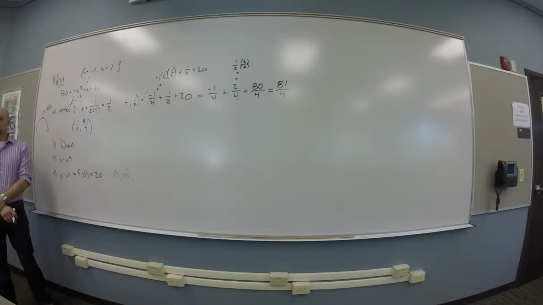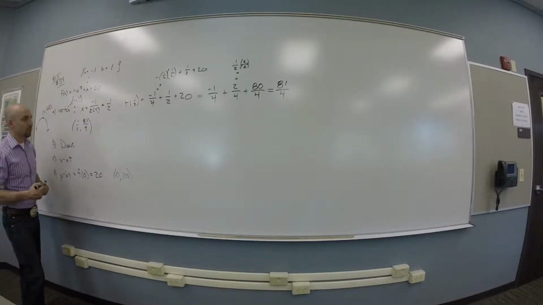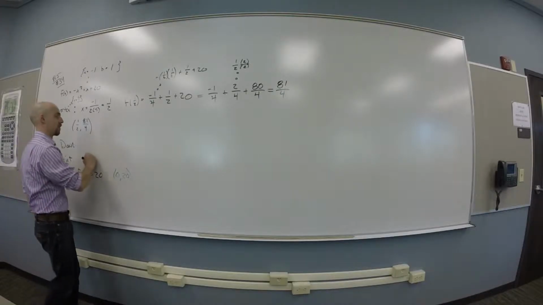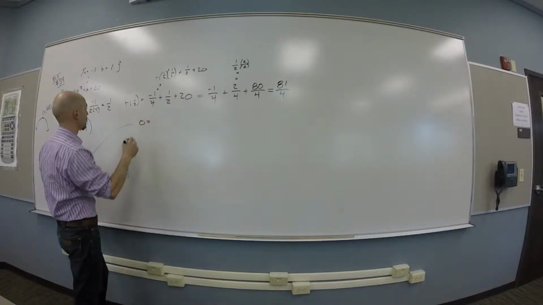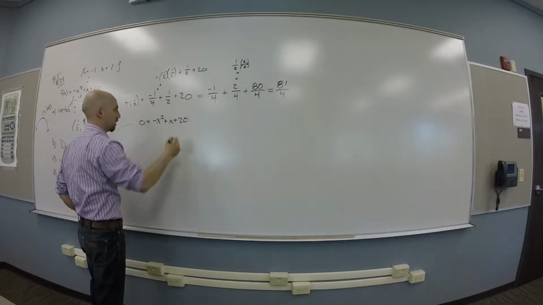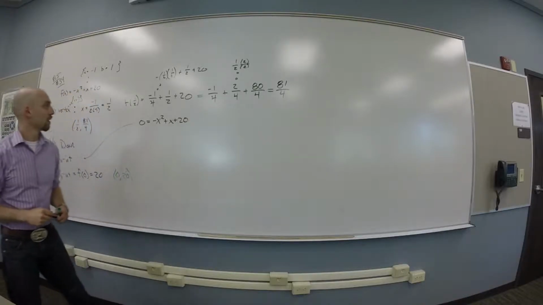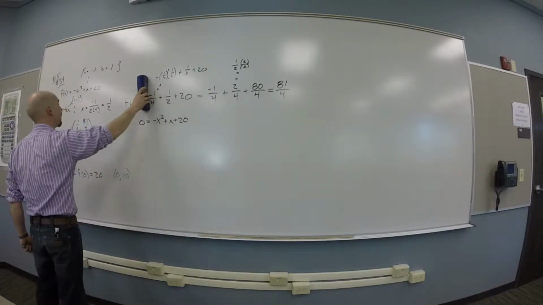How about x-intercepts? What do I do with those? Set the equation to 0. So I should set the equation equal to 0. So I'm looking for 0 equals minus x squared plus x plus 20. Subtract 20.